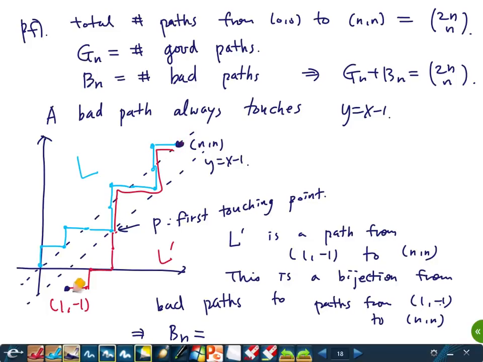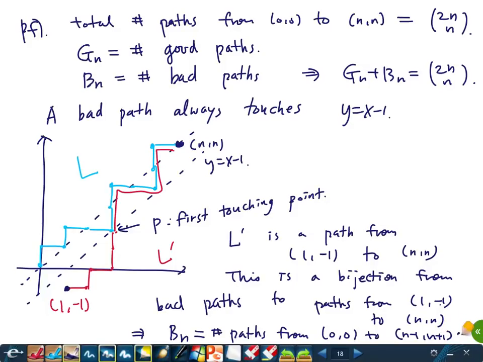This is not the origin, but all you need to do is find the horizontal length and vertical length. This part is n minus 1, and this is n plus 1. So this is the same as the number of paths from the origin to n minus 1 comma n plus 1, and we know what this is.